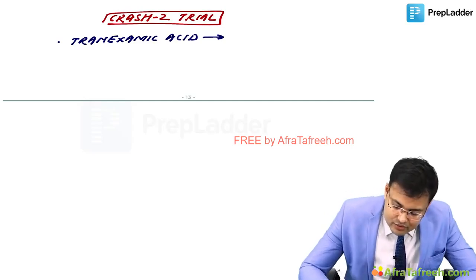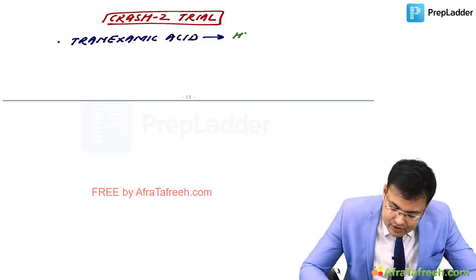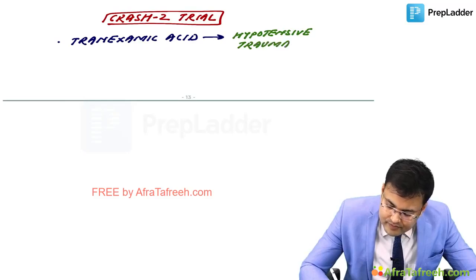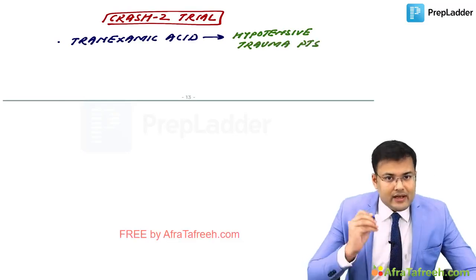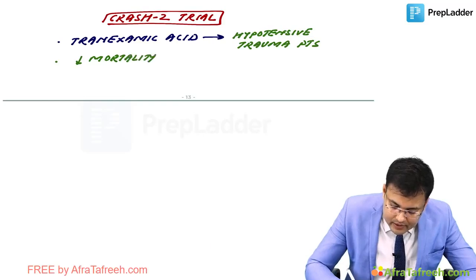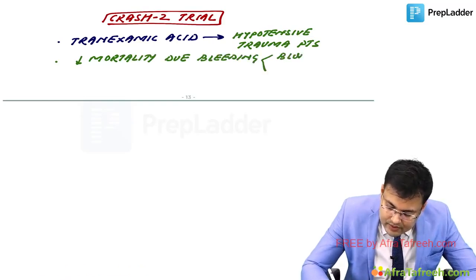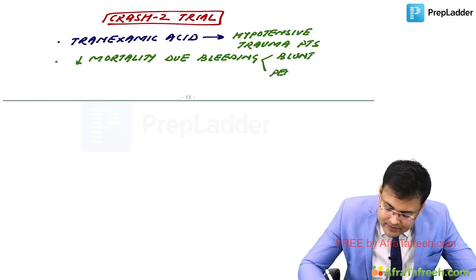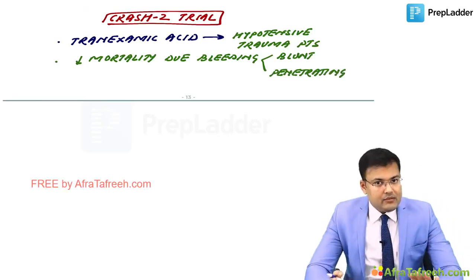Bleeding. So it is given to hypotensive trauma patients, and it has been seen that it is going to decrease the mortality due to bleeding in both blunt as well as penetrating trauma. Clear?